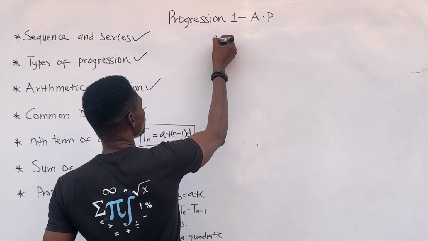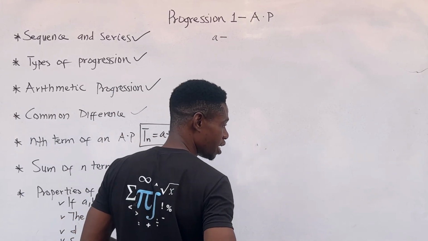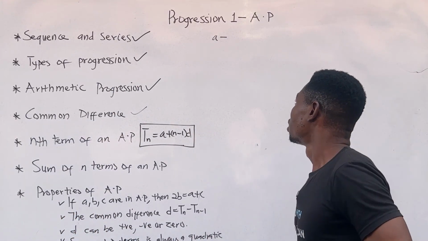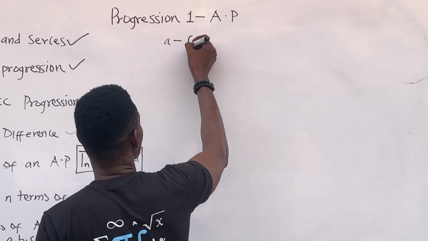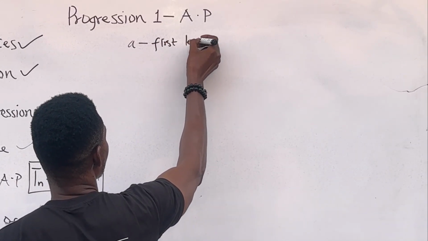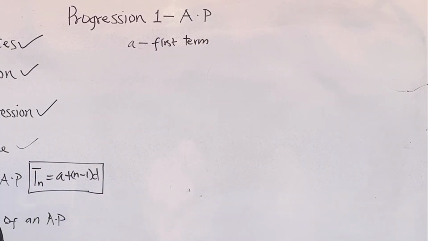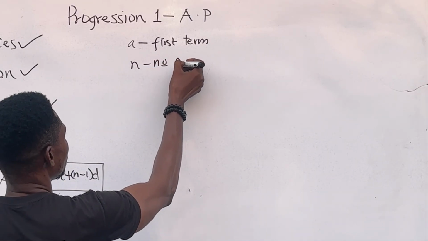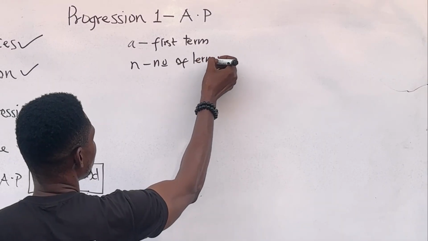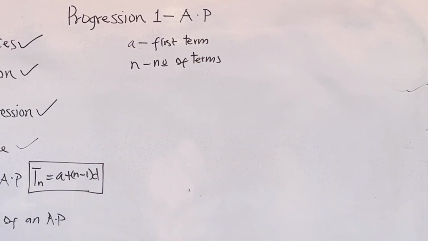So this A first, as I've said earlier, A is the first term. So I explained that earlier. Now n is the number of terms. So the number of terms that we are considering, that is the n. That will be given to you.